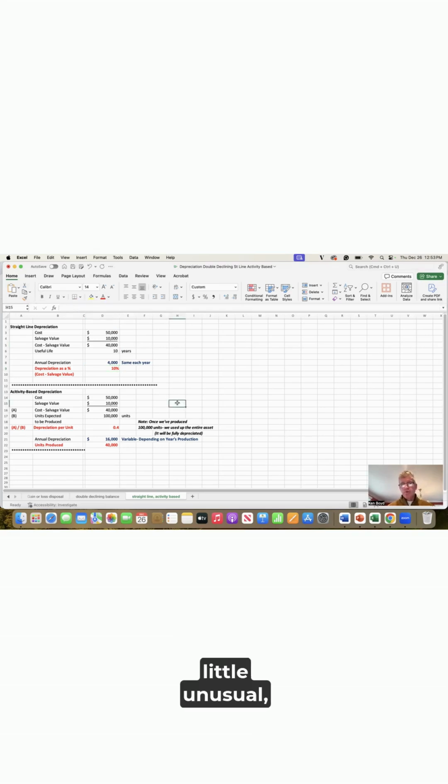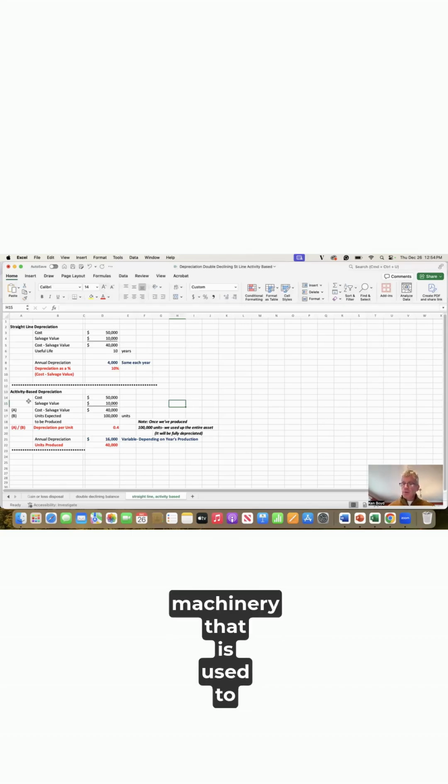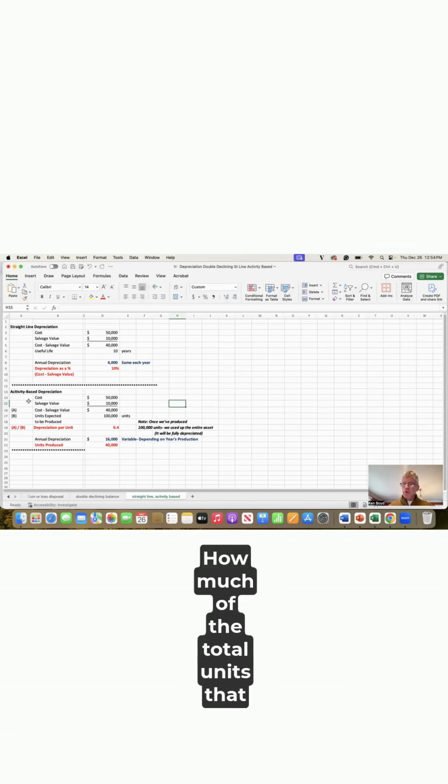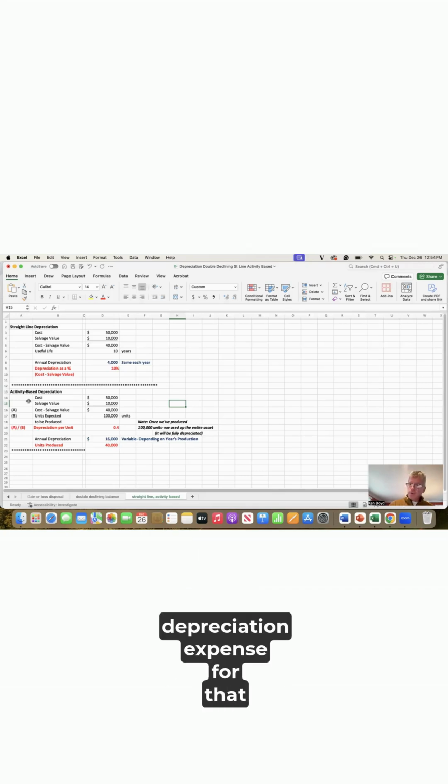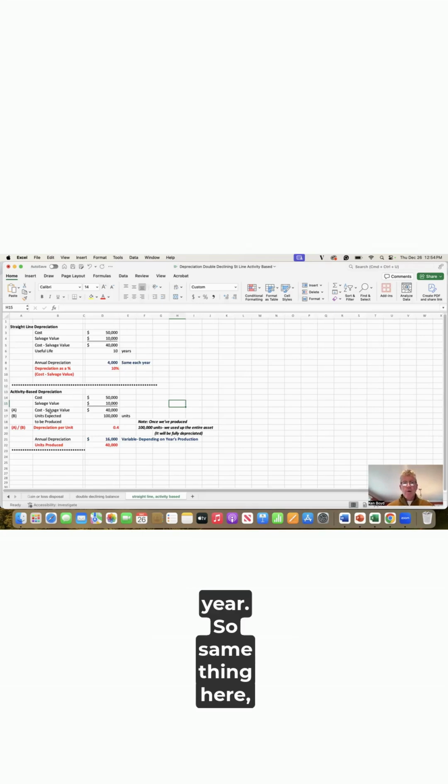Another one, a little unusual, is activity-based depreciation. It depends on how much you use the item, and a good example is a piece of machinery that is used to make units of a product. How much of the total units that you think you can produce in a particular year determines the depreciation expense for that year. So same thing here, cost less salvage value that you saw up here, $40,000. However, this time we're looking at it in terms of units.